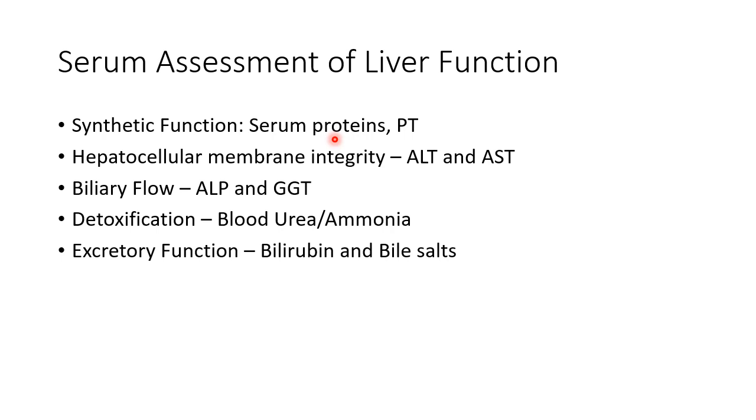Another test would be just to do your prothrombin time. So if you are able to measure the prothrombin time and the prothrombin time increases, ibig sabihin, yung mga coagulation factors bumababa. Bakit sila bumababa? Kasi nasisira yung liver cells.